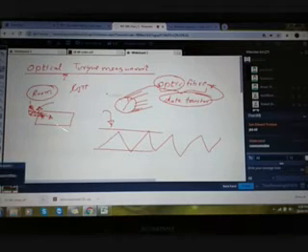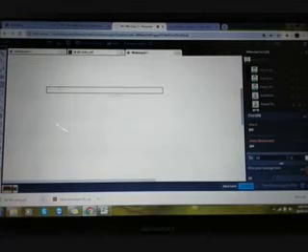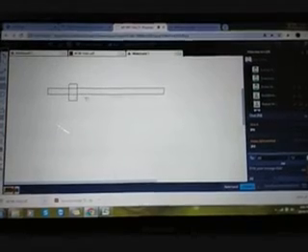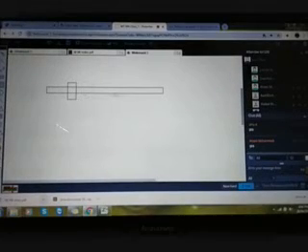Is it clear to all? Here there exists the engine shaft, and two wheels will be there like this.